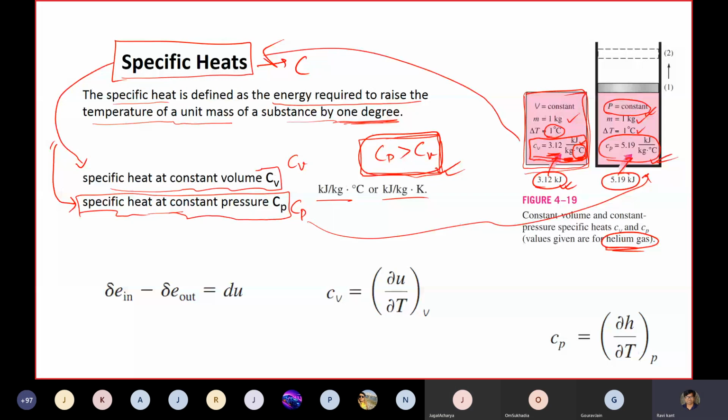So you need extra energy. You first need energy to increase its temperature by 1 degree, and you need extra energy to push the piston, the boundary work.